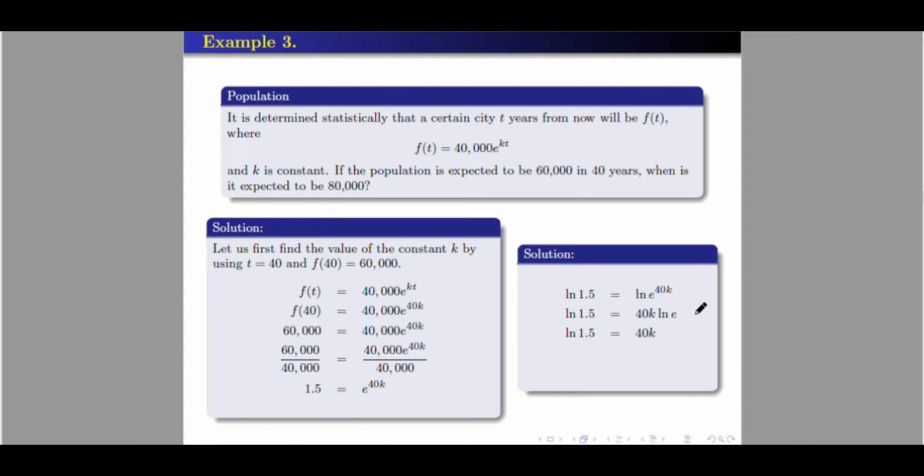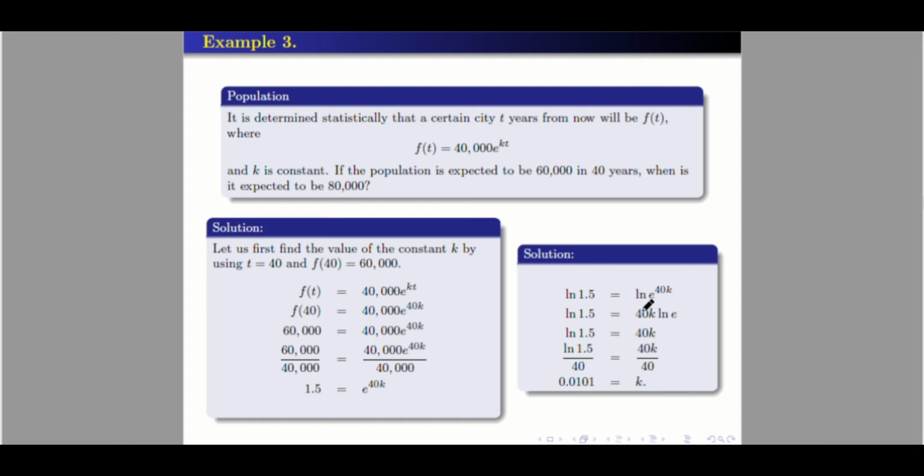Since we only want k, we divide both sides by 40. Input this in your calculator, ln 1.5 divided by 40, and the answer is 0.0101. So this is only the value of k.